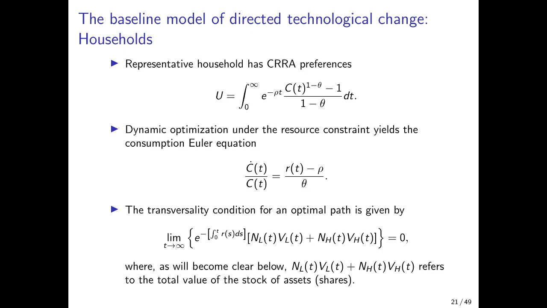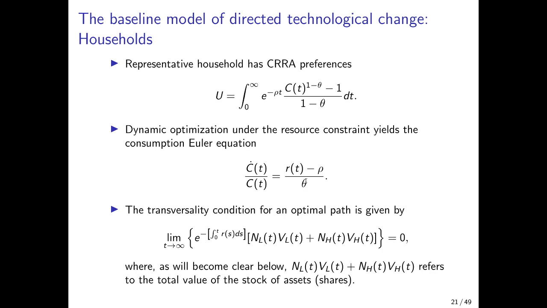I want to save because the interest rate overcompensates me for my impatience. So I reduce consumption today and increase consumption in the future, and that is nothing else than having a steeper consumption growth path. So if the difference here is larger and positive, then consumption growth will be steeper.